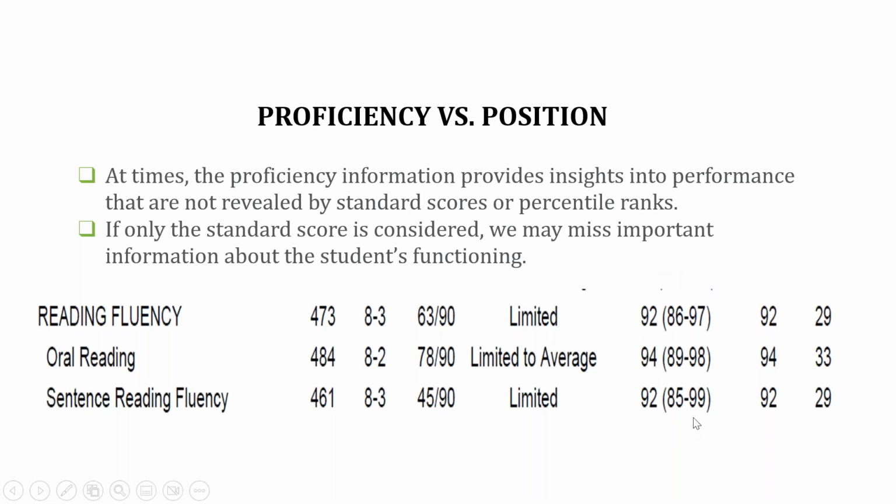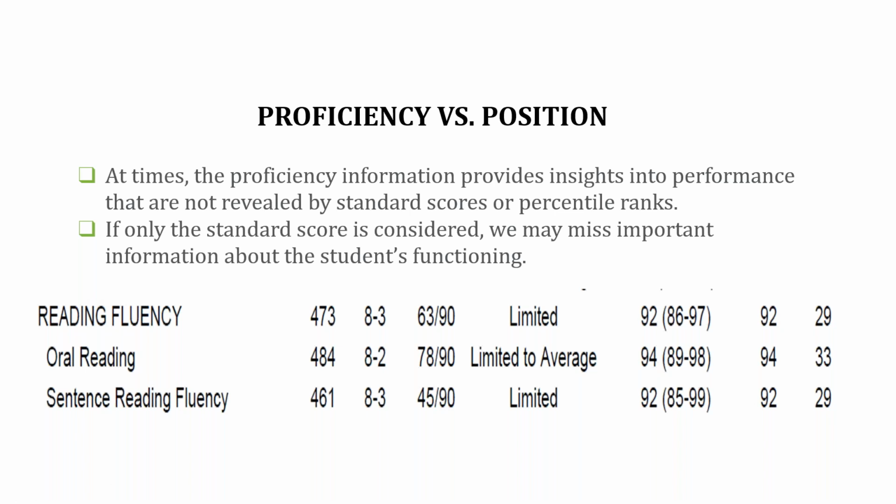But if we were to stop our interpretation here, you're probably saying to yourself, okay, they're in the average range. I'm not concerned. But what if this child who we tested was a child who was referred because they were struggling significantly with reading fluency?